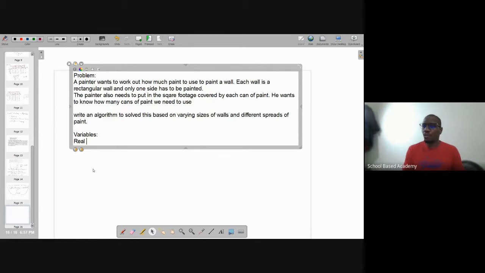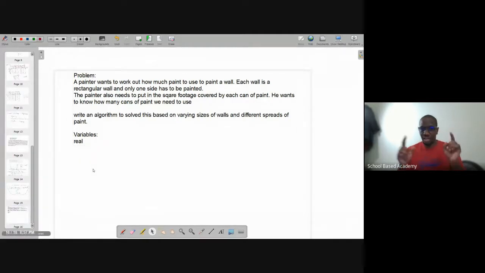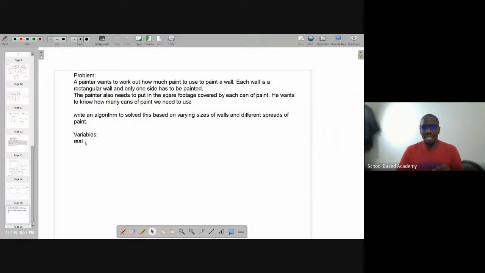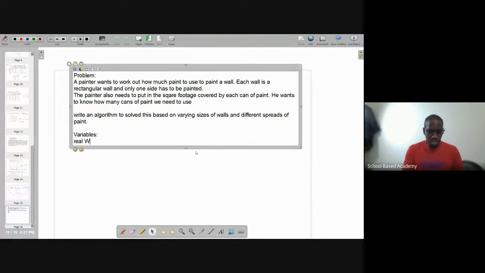Okay, and what are the values of the wall that we'll have to store? We took a look at it just now. The wall had a width and a height. So those are some variables here: width and height. And is there any other data that we need to put in?